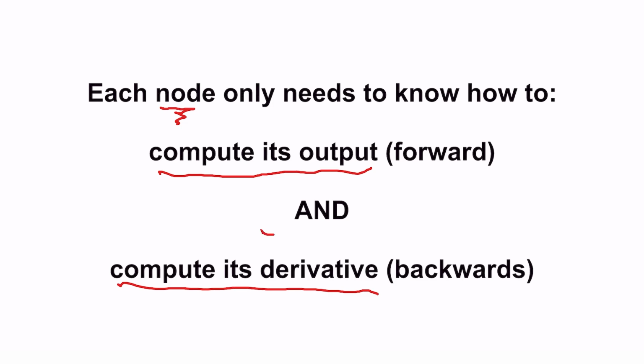So these derivatives here aren't the full chain of derivatives. All a node needs to know how to do is to compute its own derivative with respect to the edges coming into it. And hopefully with this toy example of just a single function, the workings of backpropagation are starting to make a little bit more sense.